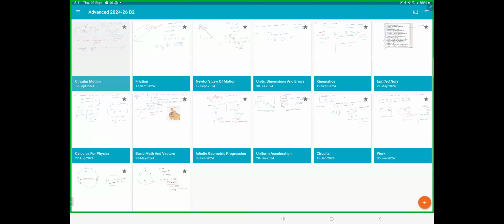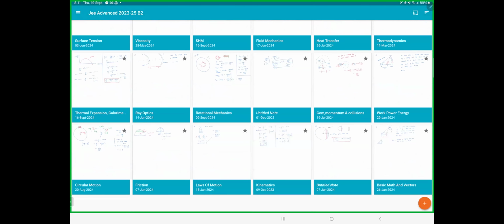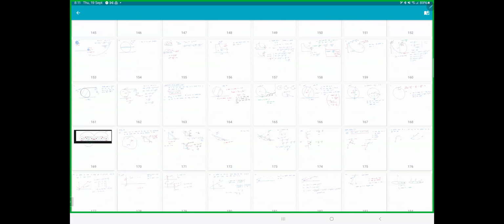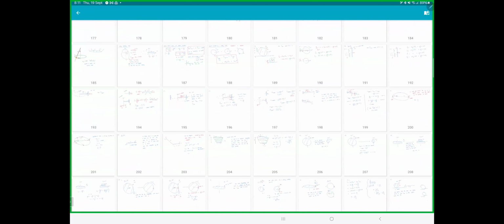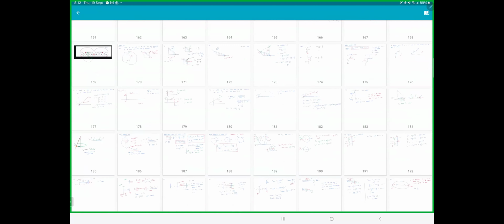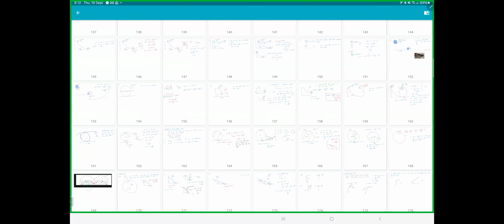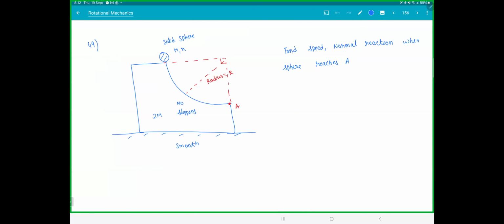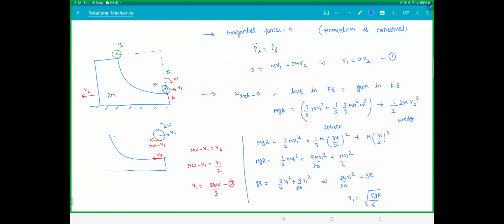You want to see how it looks? It looks like this. So we have a big wedge there, we have a small ball there, it starts rolling down.